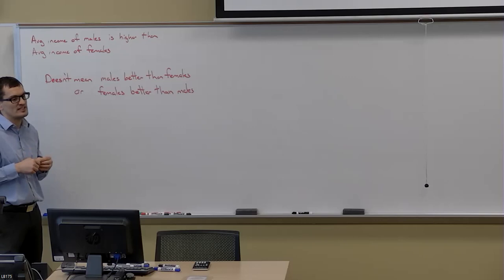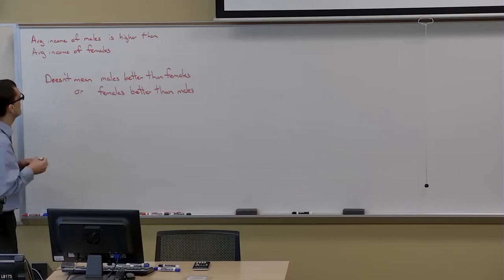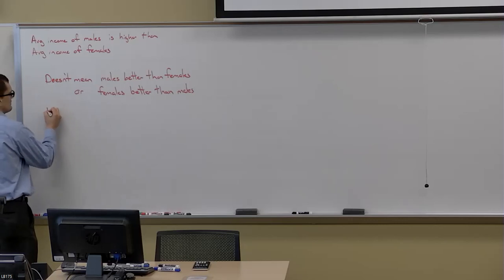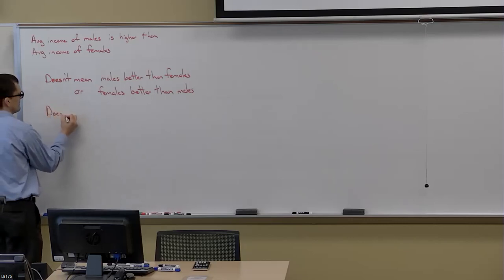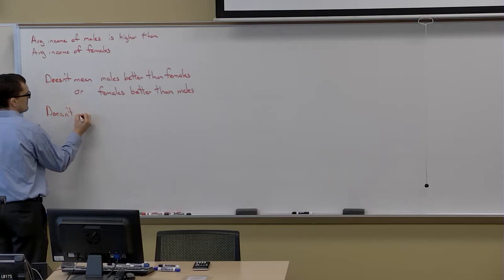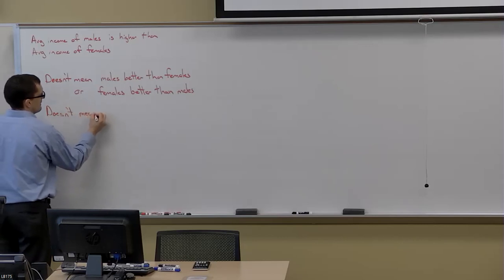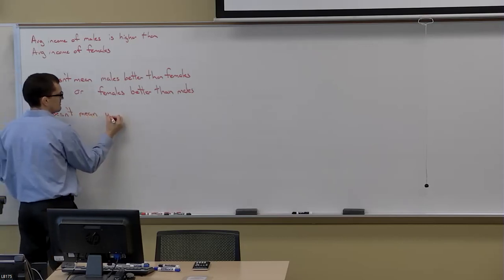Those differences in occupations might cause at least the vast majority of the average income difference. All right, does that make sense? So it also doesn't necessarily mean some unfairness.